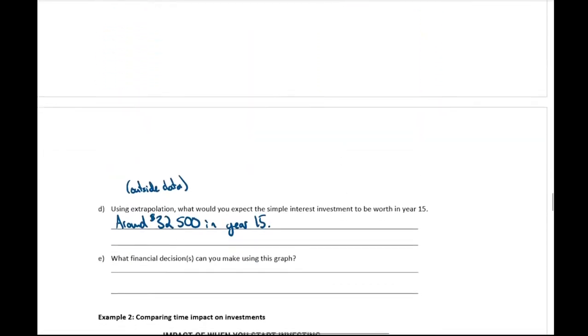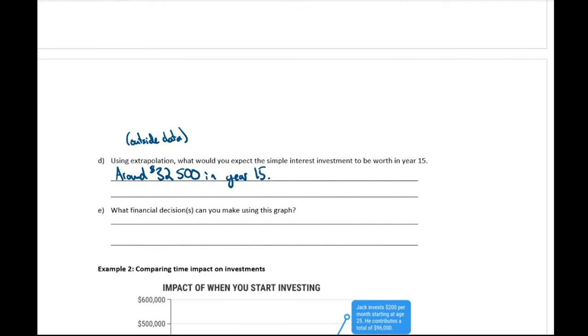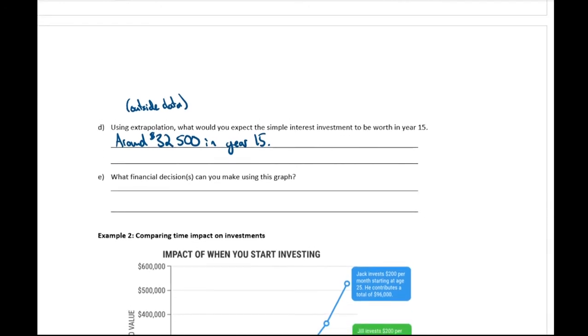So by looking at that graph, the financial decisions that you can make would be something along the lines of short-term investment, right? If you're only doing it for 1 or 2 years, not much difference.